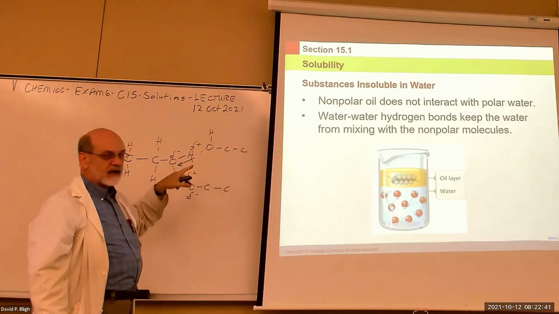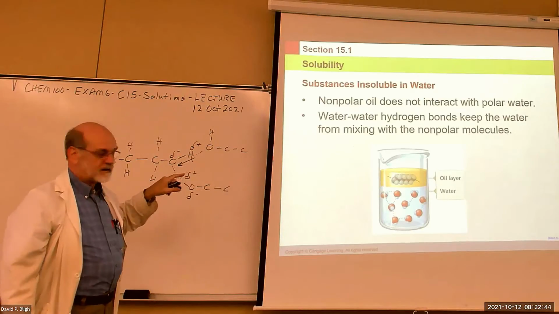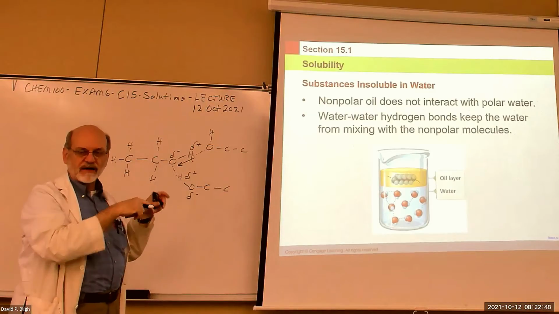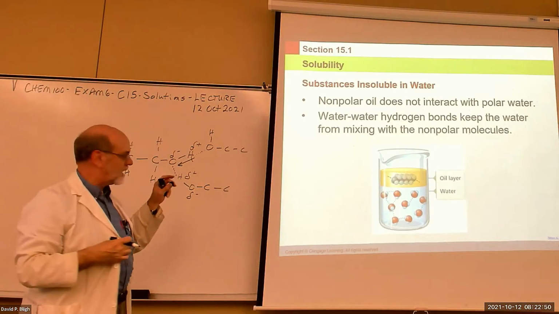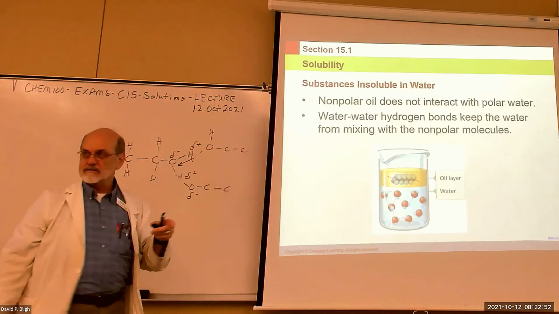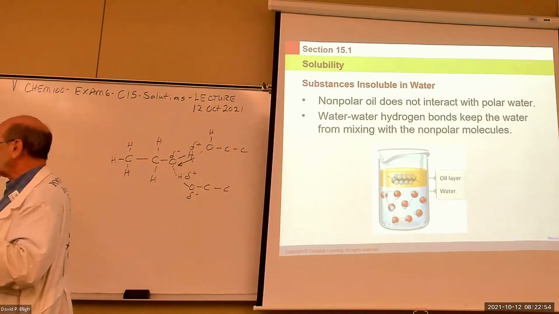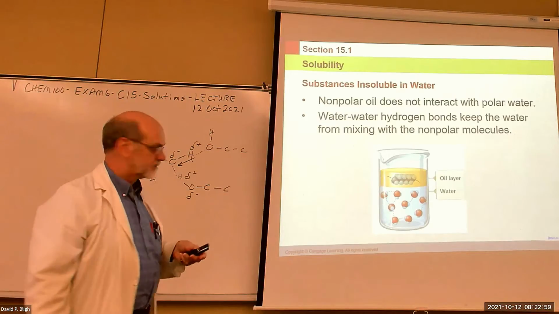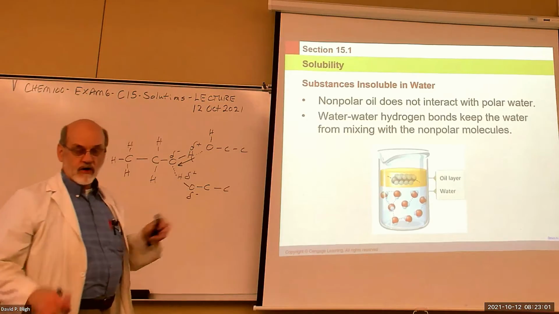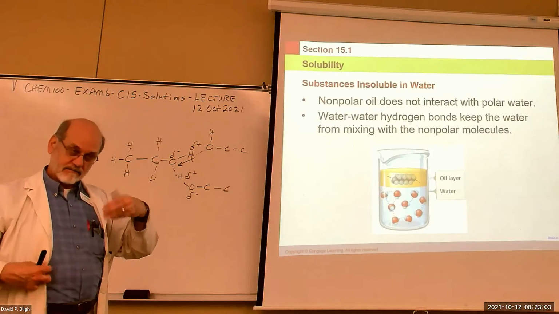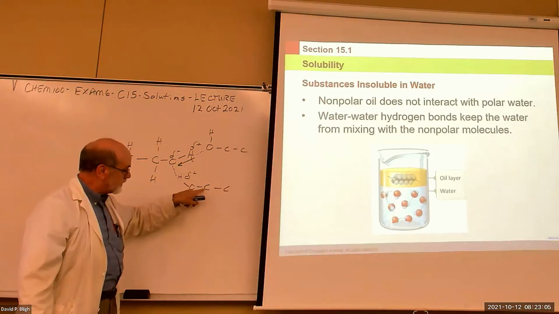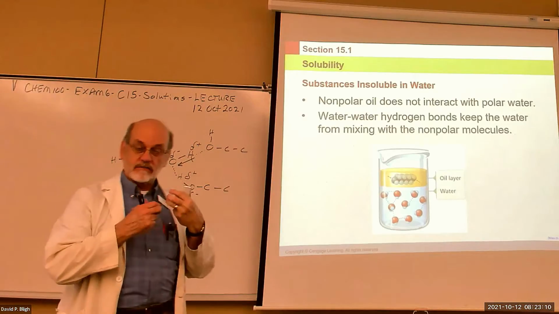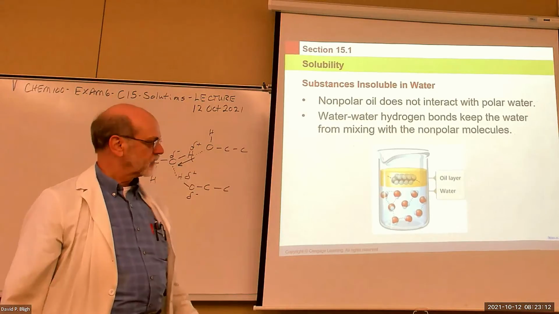And this is called a hydrogen bond. It always forms when you have hydrogen bonded to either oxygen or fluorine or even nitrogen. And it's a very strong bond. It's not as strong as these bonds right here, but it's a very strong interaction between molecules.